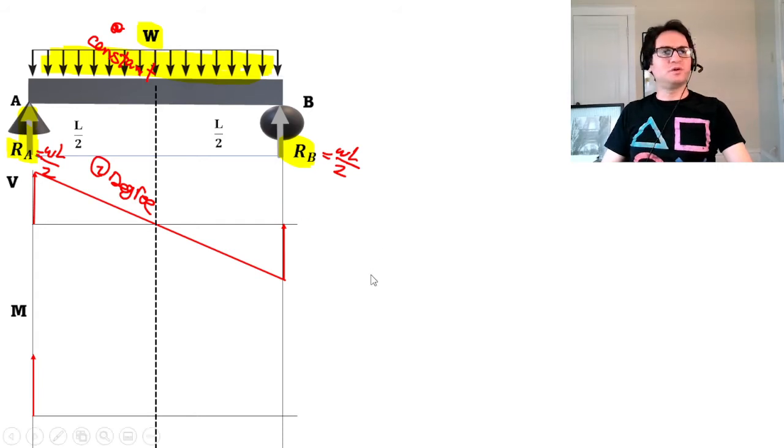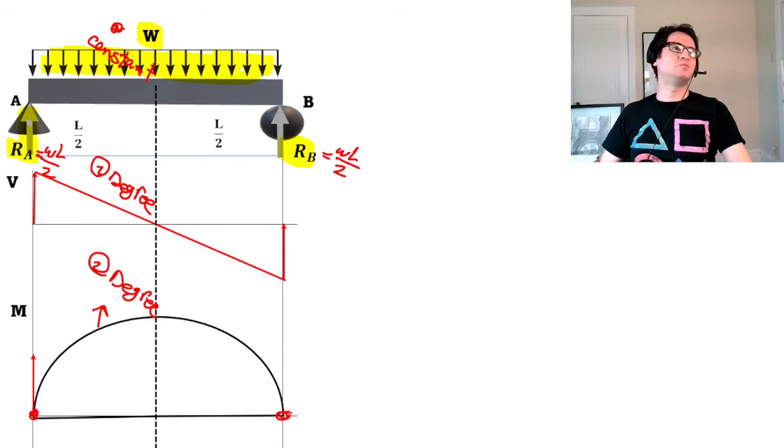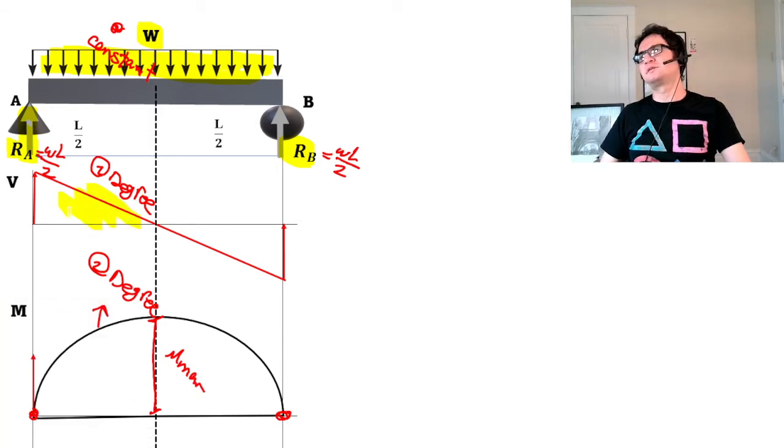And if you want to draw the moment for that, so definitely this is a second degree, 1 degree higher than shear. And again, because it's simply supported, there is no moment at either side, and the maximum moment is equal to the area under shear. So the area under shear here is WL over 2.